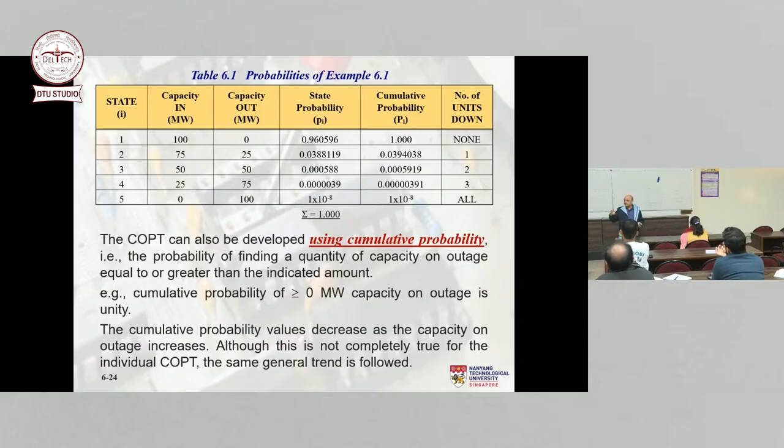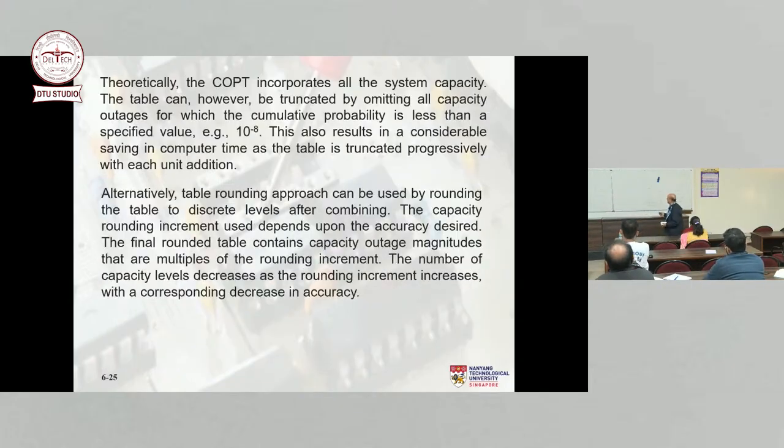So I truncate the table, right? So I use that as one of the approximate methods. Yeah. So we use truncated tables by omitting all the capacity outages for which the cumulative probability is less than a certain value. You can choose that, 10 to the power minus 8, 10 to the power minus 6, or whatever.